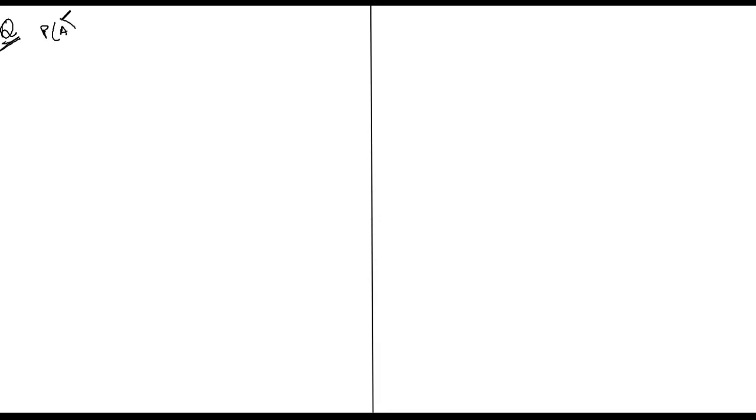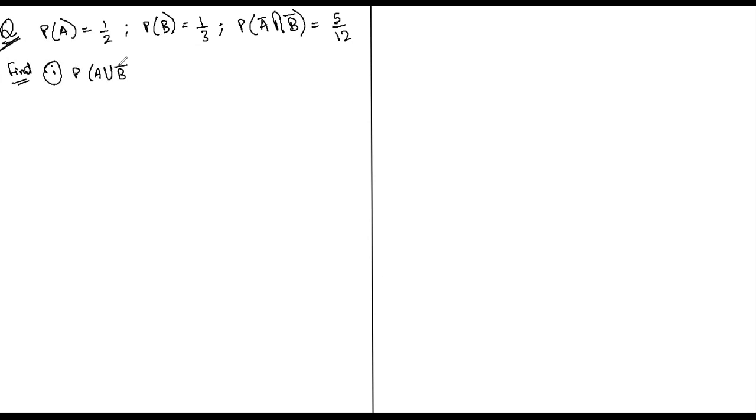If the probability of A is equal to half, probability of B is equal to 1 by 3, and the probability of neither A nor B, I'm directly writing the symbol, okay, is 5 by 12. Find the probability. First, P of A union B complement.